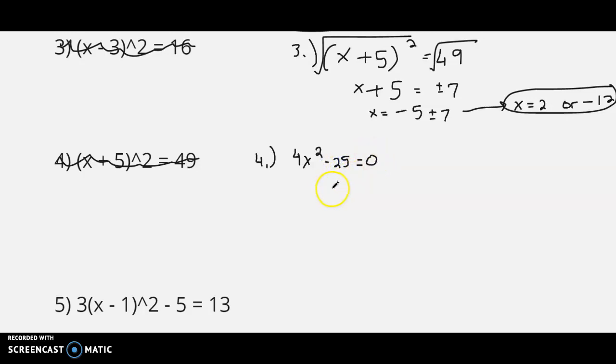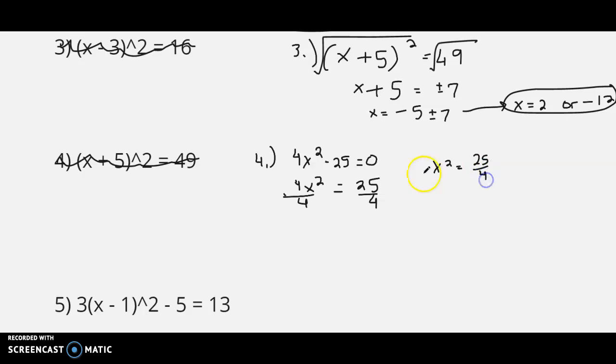Alright, so here's what we're going to do first. We're going to add 25 to both sides. Trying to get that quantity x squared by itself. There's no parentheses this time, it's just a quadratic term. We can now divide by 4, get the x term by itself. So here's what we have. We have x squared equal to 25 over 4.